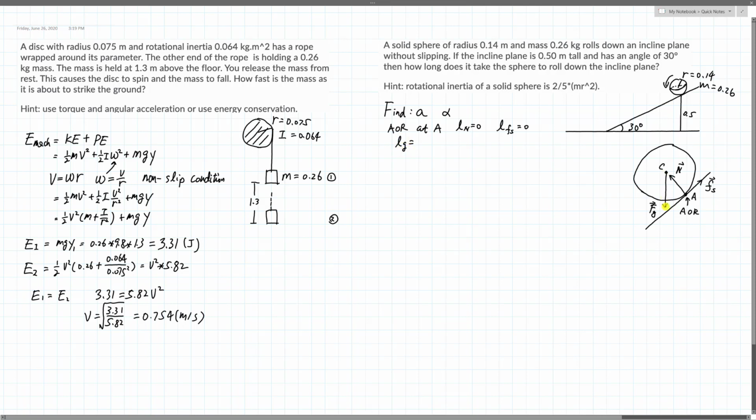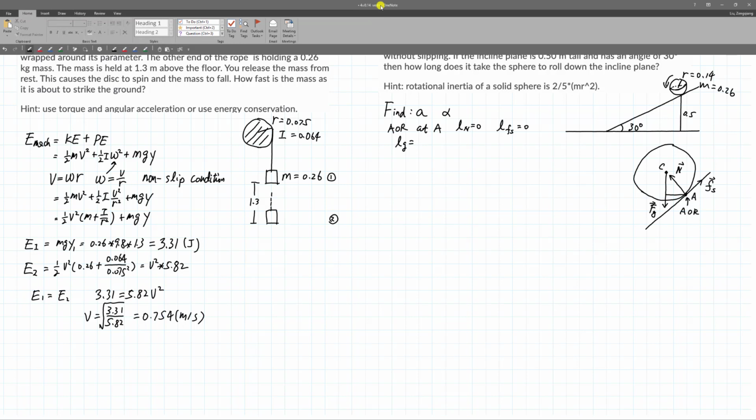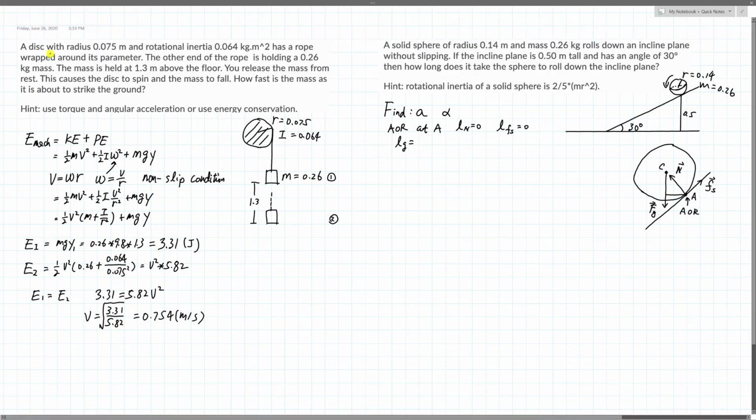So gravity is here. The perpendicular distance between gravity and the axis of rotation is a horizontal line that looks like this. It's a bit too low. It looks like this. So this line is, let's use a different color. So this is the lever arm of gravity.